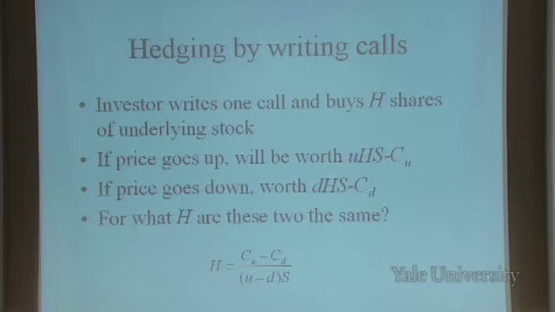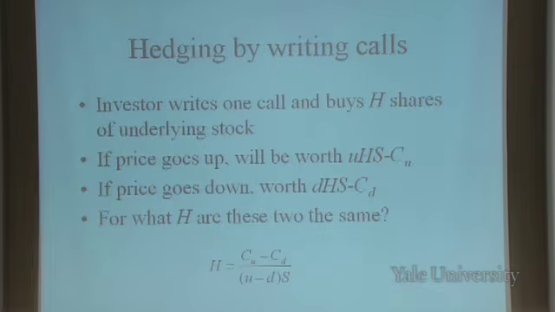And it's easy to see how you do that, because we already know, before the exercise date, that if the price goes up, my portfolio, if I have H shares, the H shares will be worth UHS, where US is the price. Okay, but I've written one call, so this will be worth UHS minus C sub U.